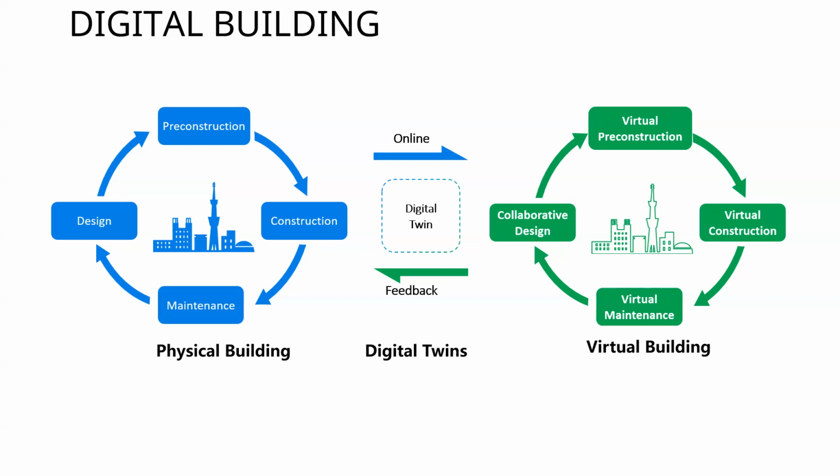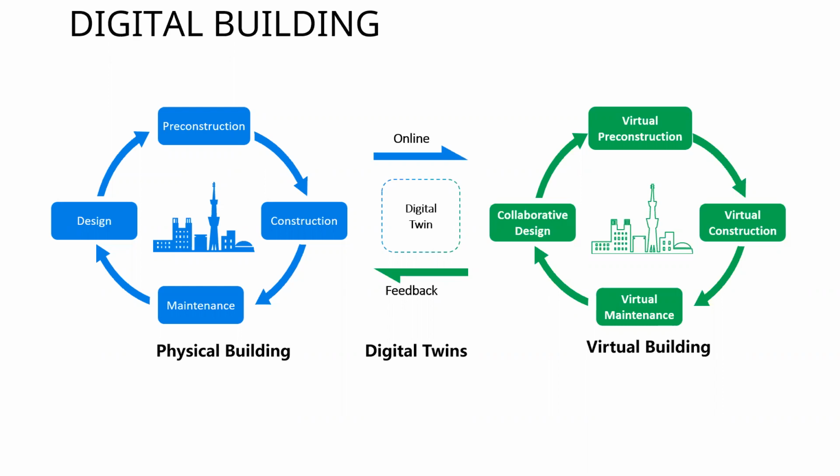Then what is the virtual building? You can create a virtual replica of a physical asset in a computer-based system. In that, you can do collaborative design. Building information modeling is the best example. All the stakeholders can get together on a virtual platform, discuss the design, and share all the design ideas there. Then you can do virtual pre-construction.